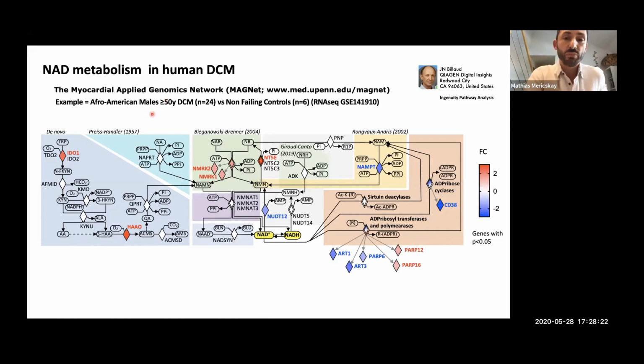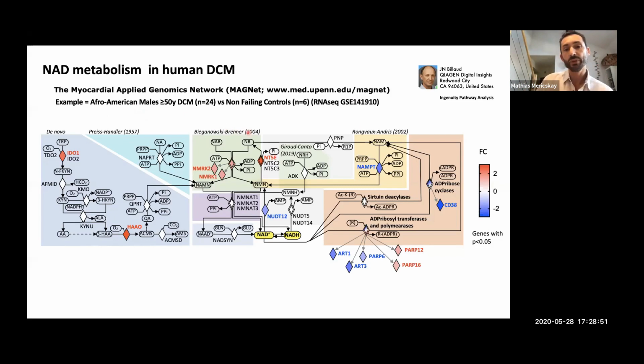We have started to apply that to a number of data sets from the GEO database, for instance one generated by the consortium called MAGNet at UPenn. Here, we selected a subset of patients, Afro-American males over 50 versus non-failing controls, because it is a population at higher risk of developing dilated cardiomyopathy.